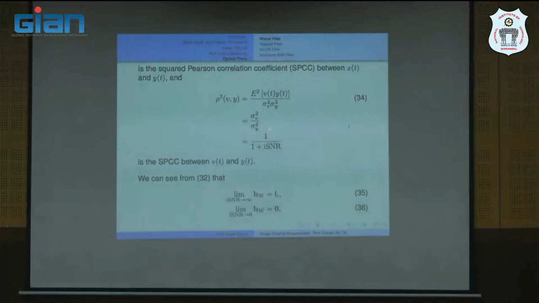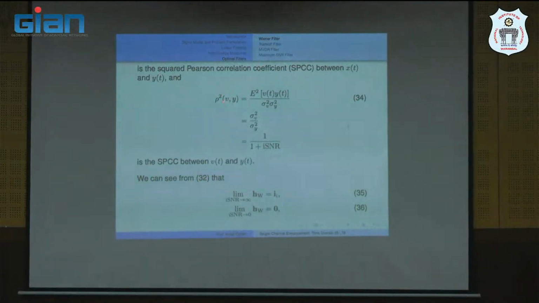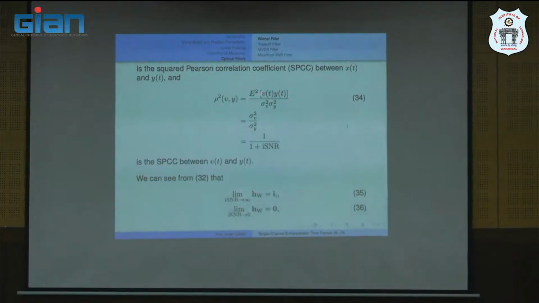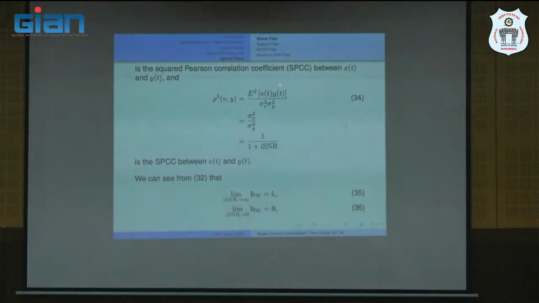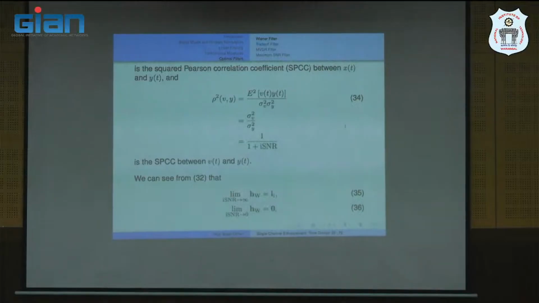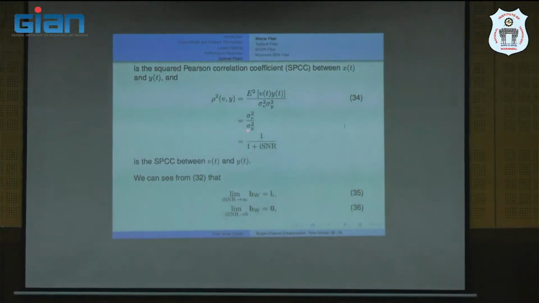So this is the Pearson correlation coefficient, or the squared Pearson correlation coefficient, which is actually a normalized correlation between two signals. So if we have two signals, Y and V, this is the square of the correlation divided by the variance of each one of them. So it's normalized. In our case, it will be like this.